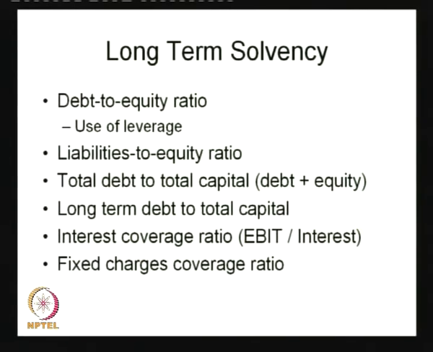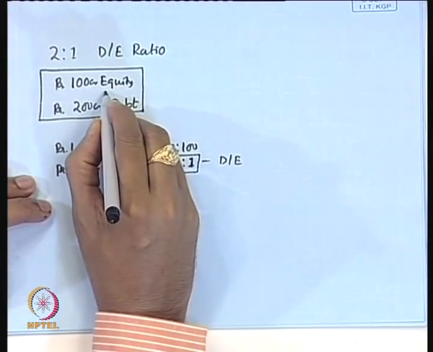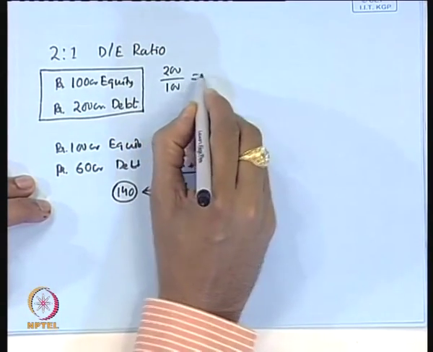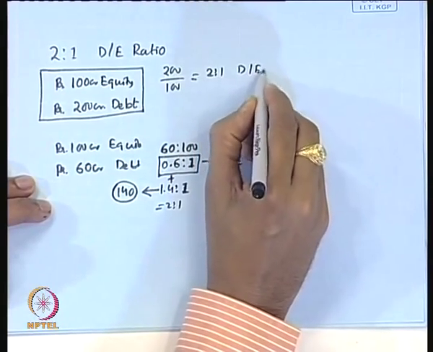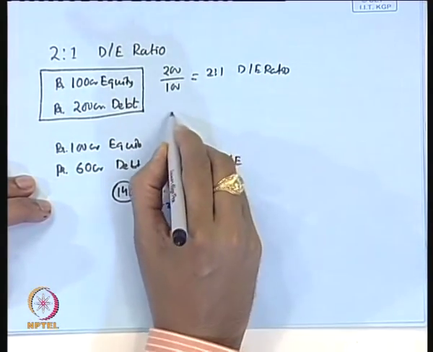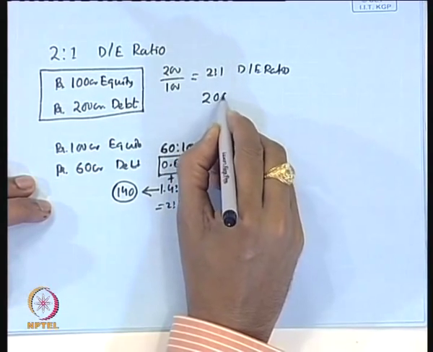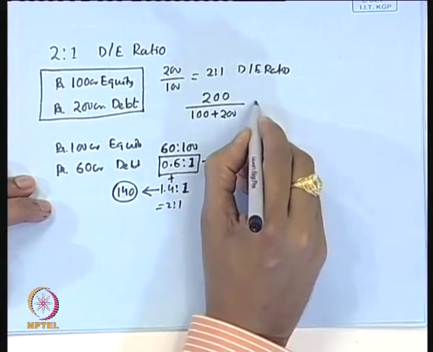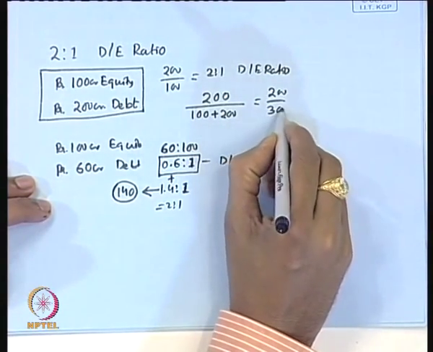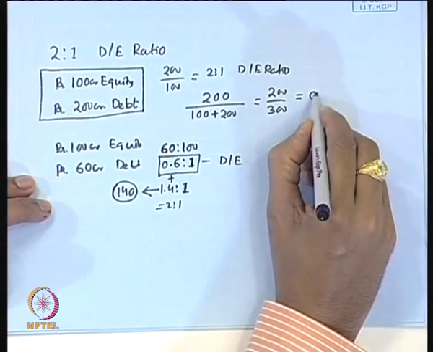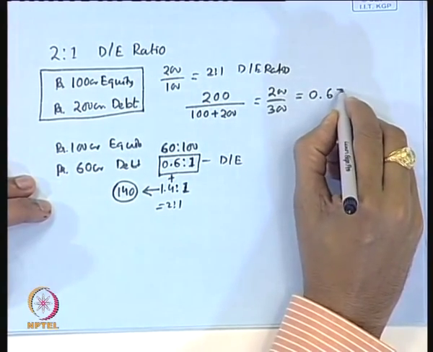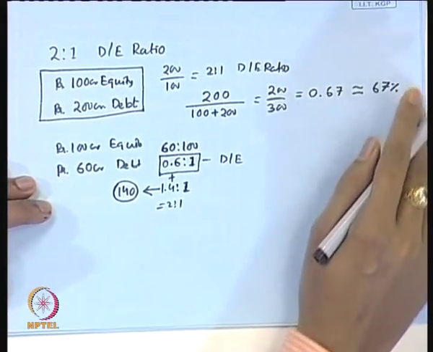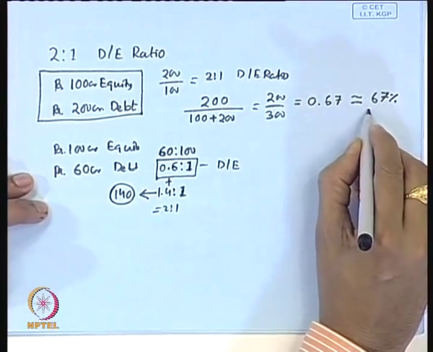If you look at this example where 100 rupees is equity and 200 is debt, we say 200 by 100, that is 2:1, is the debt equity ratio, whereas debt to total capital is 200 debt divided by equity plus debt, that is 100 plus 200, so 200 by 300, which is nothing but 0.67. That means approximately 67% of the total finance of this company is raised through debt.